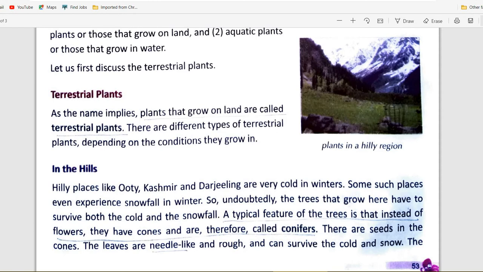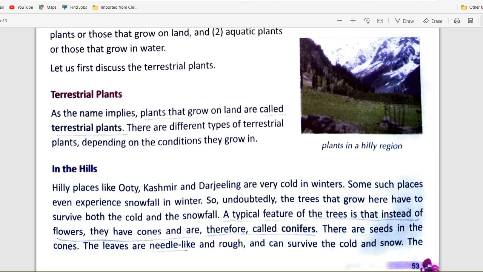In hilly areas, plants have different features to survive both the cold and the snowfall. Means they will survive accordingly. These plants have cones instead of flowers.